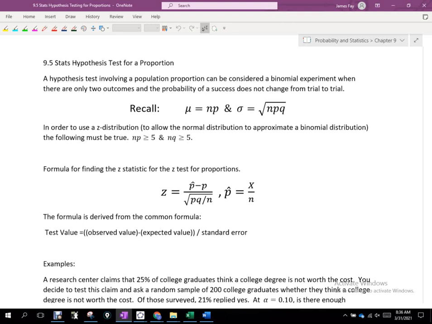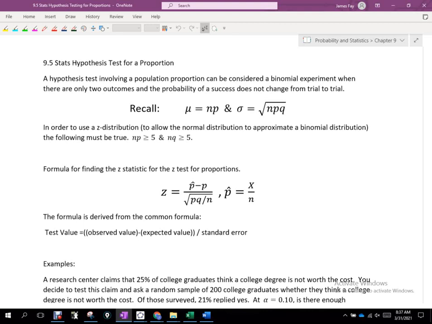We're still going to have a similar format to finding our test statistic. Basically, it's your observed value minus the hypothesized value divided by the standard error.